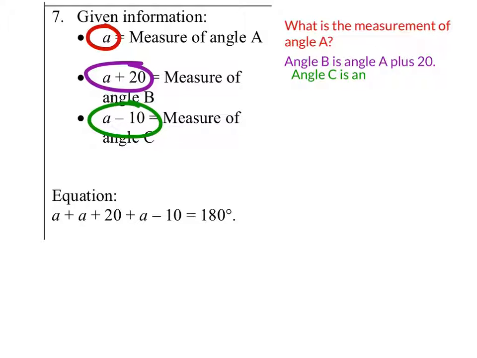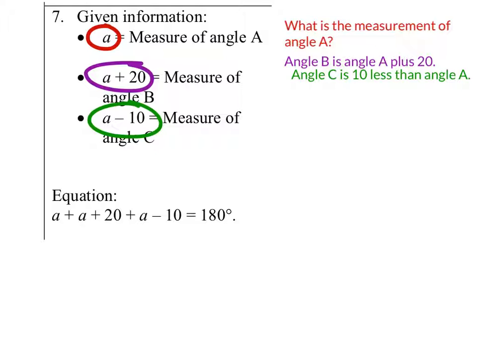Well, that was angle B. What you did there was angle B. We're looking at angle C there, circled in the green, right? Angle C is 10 less than angle A. That is excellent. 10 less than angle A. Bam. So that takes care of angle C.